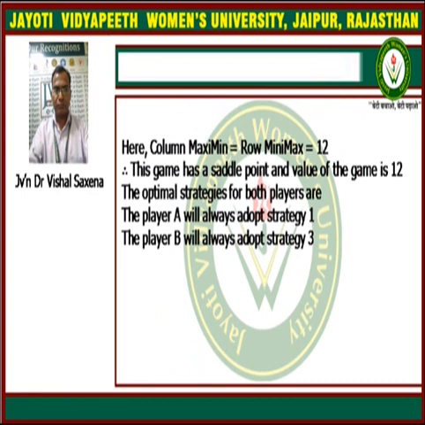So these are the optimal strategies for players A and B respectively, and they should adopt their strategies 1 and 3. In this way the value of the game is obtained as 12, and the saddle point is obtained in this game.